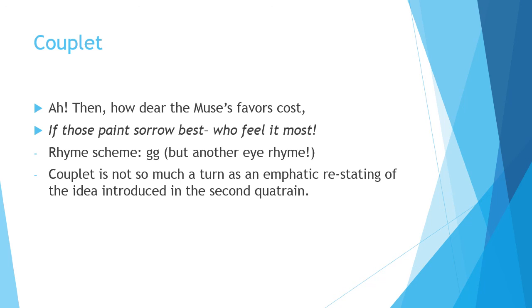The idea that the success of poetry comes along with suffering. So the couplet kind of restates what the poem has been driving at, rather than in this instance changing it.